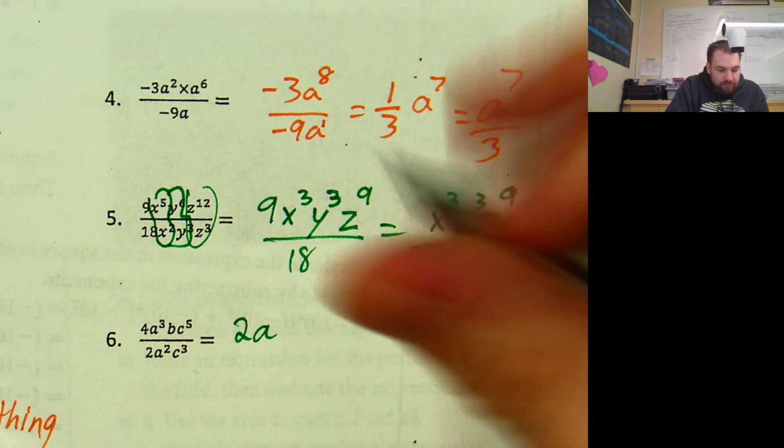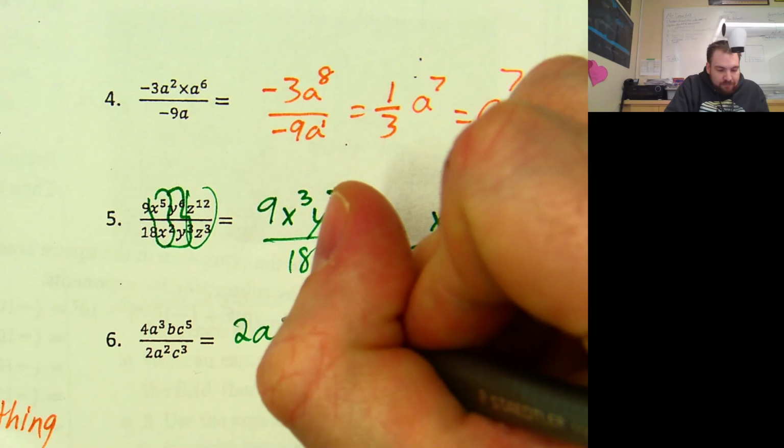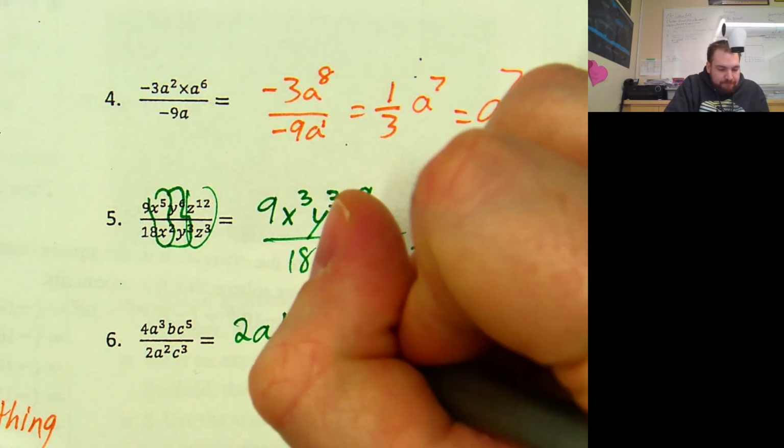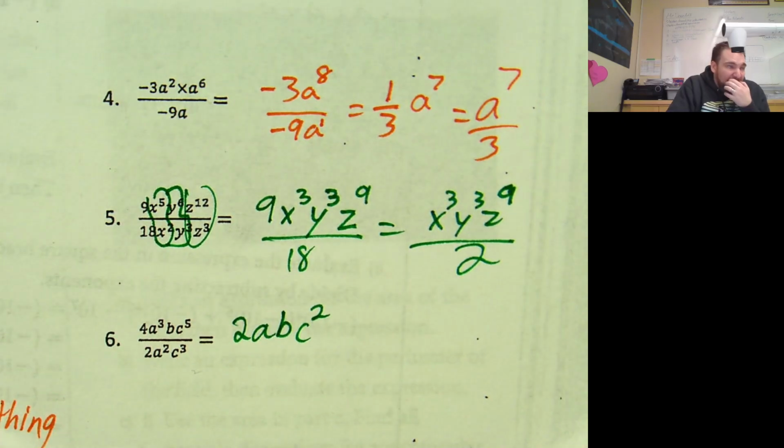Good. Keep going. Right, because nothing happens to it. It just stays there. Done. Well, because 4 over 2 is 2. I love it. Good job.